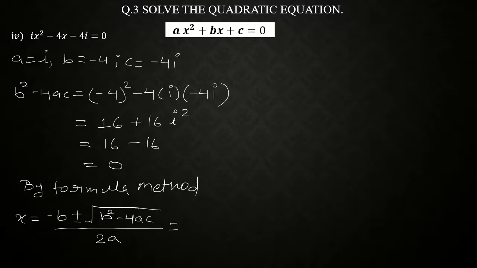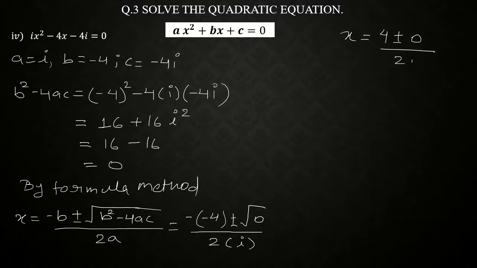So we are getting minus of minus 4 plus minus under root of 0, whole divided by 2a, and the value of a we have as i, sorry, so instead of a we are writing i. So in the next step we can continue as x is equal to minus into minus plus 4 minus plus of 0, whole divided by 2i.